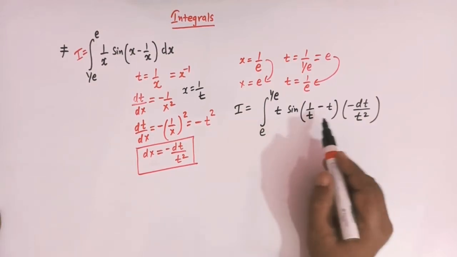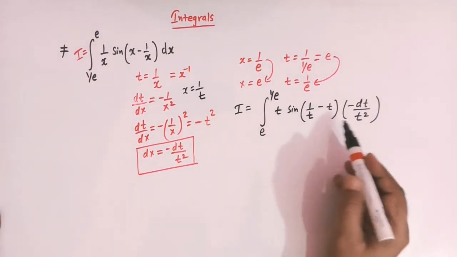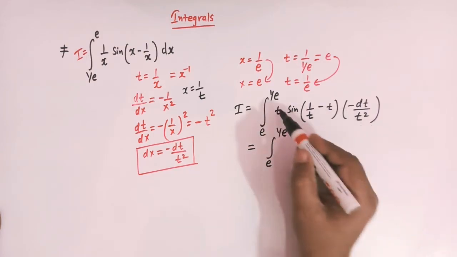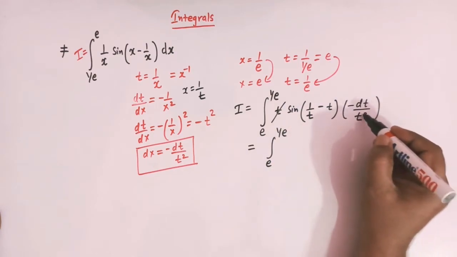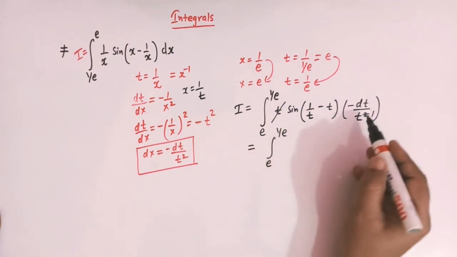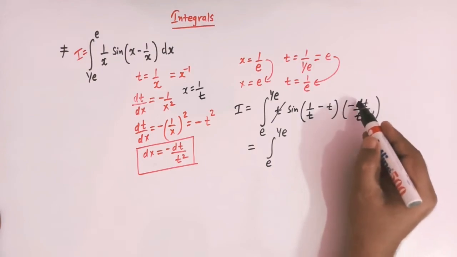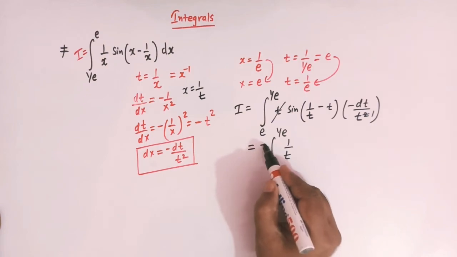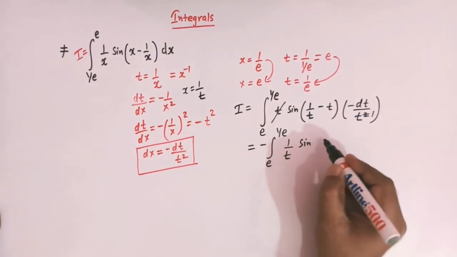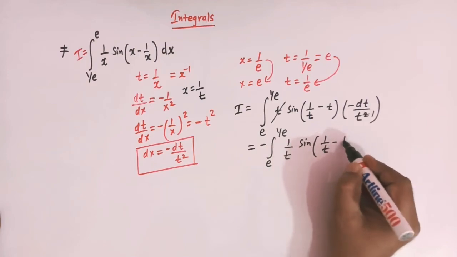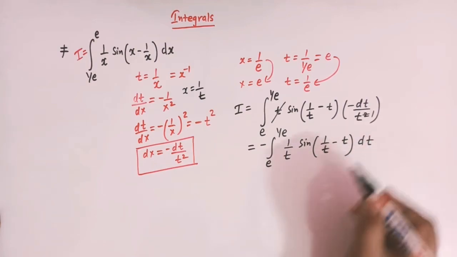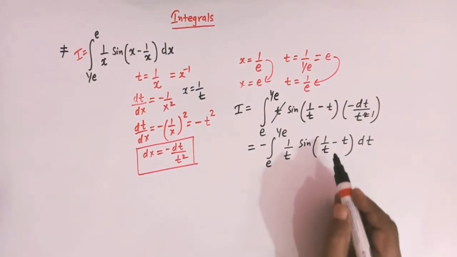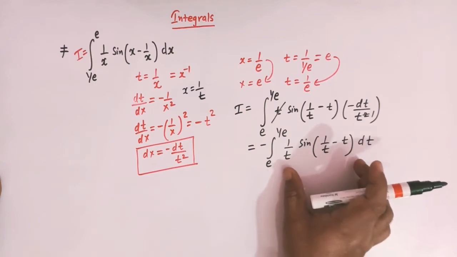So now let us simplify this integral. We have e to 1 over e. See here t and 1 over t get cancelled, so we can take this 1 over t here, and this negative sign we can take outside, and we have sine (1 over t minus t) dt. Now we have to closely observe this integral.